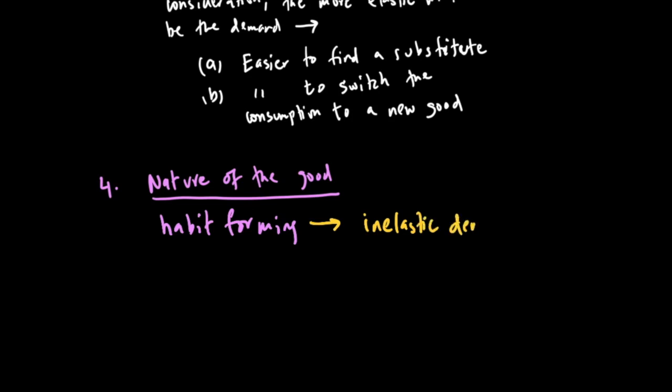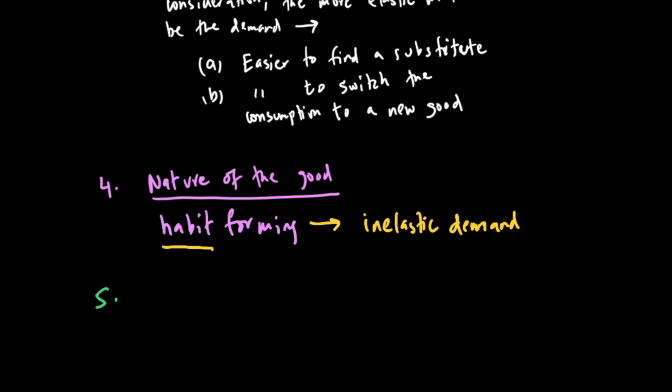So even if the price goes up, it becomes difficult for consumers to switch because they have a habit of consuming that good. So the nature of the good could be a factor that makes the demand inelastic.